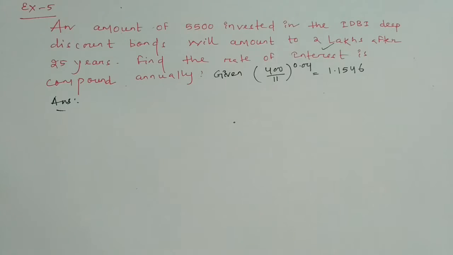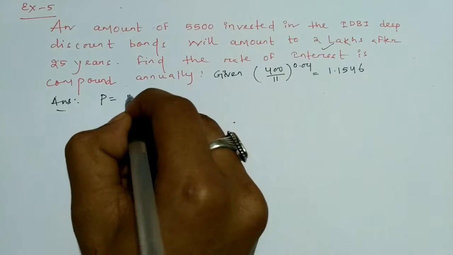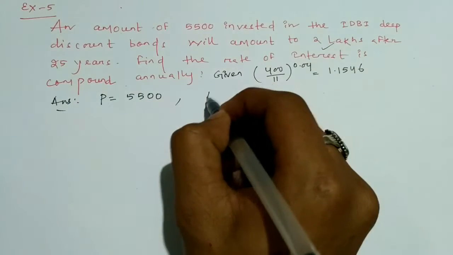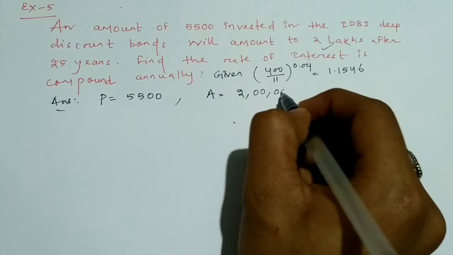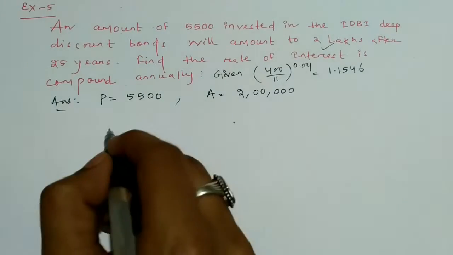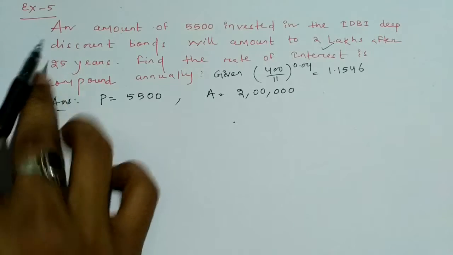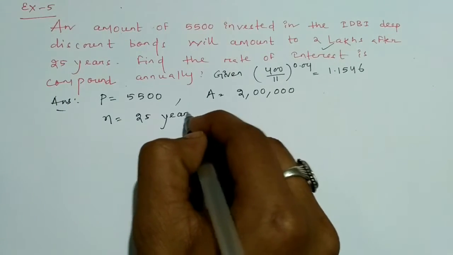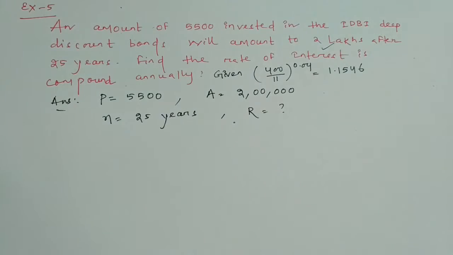Fine. So we can write that the principal will be 5,500 rupees and the final amount will be 2 lakhs. Time n is equal to 25 years, and we have to find out the rate of interest. Simply, friends, again the same formula.